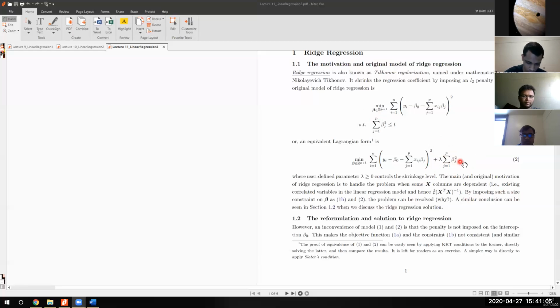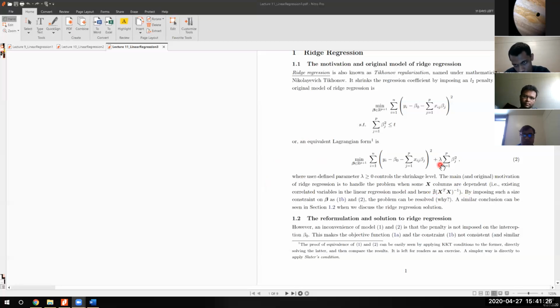For example, let's assume the first column equals the second column plus the third column. Clearly they're dependent, and suppose there are only 3 columns, so your rank is only 2, right? Of course, in this case, your X transpose X is not invertible.